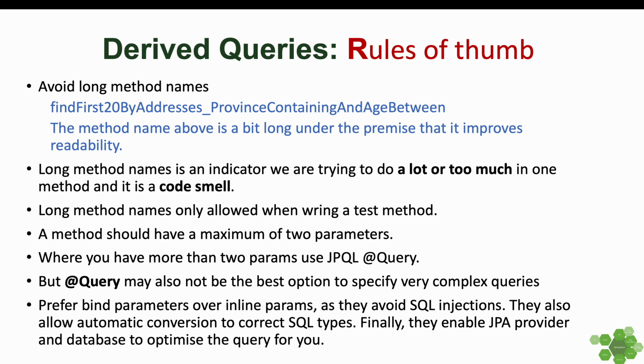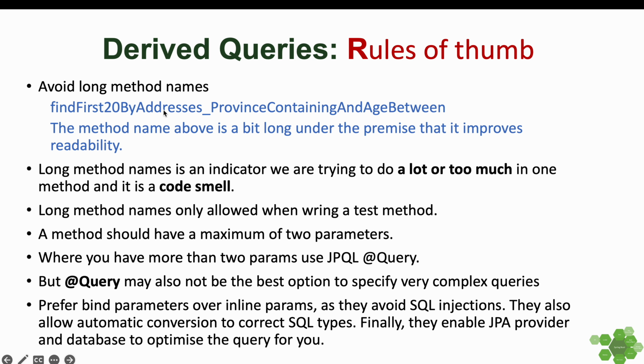The method name itself is too long. And this method name is a bit long under the premise that it improves readability. You see that it's camel cased. Another thing I forgot to mention is that these method names must be camel cased, or you can use underscore.